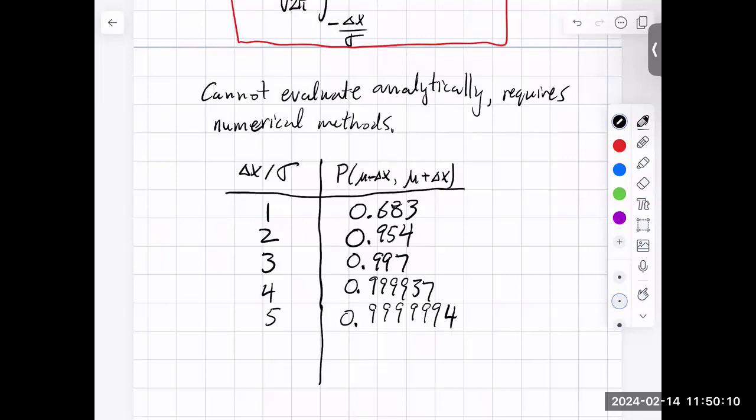So often when people make a measurement and find that their result is not within 1 standard deviation of the accepted value, they sometimes say, well, the experiment didn't work. Well, that's not necessarily true, because 32% of the time, your result will be more than 1 standard deviation from the mean, okay?